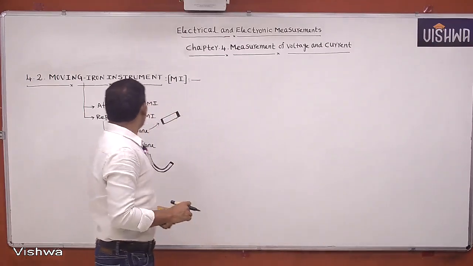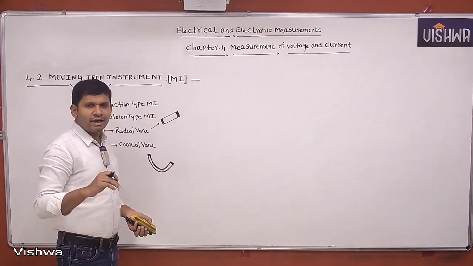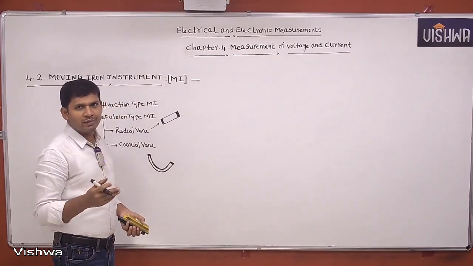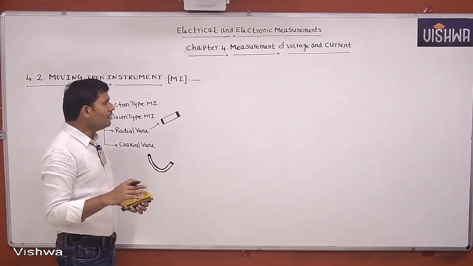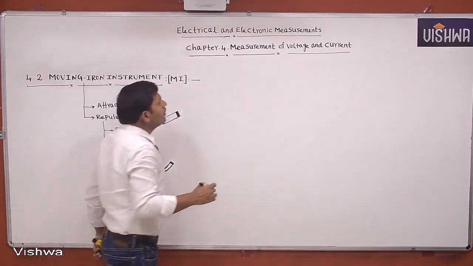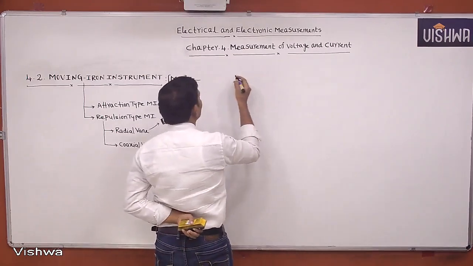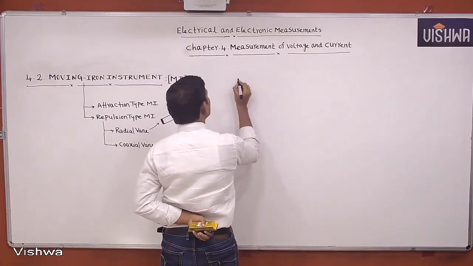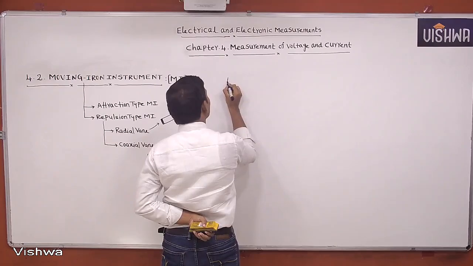First I will draw the construction details of both attraction and repulsion type instruments. Then I will explain the operation, then we can list out the points. See, the first one is the attraction type.